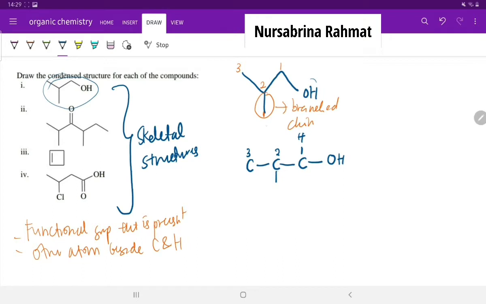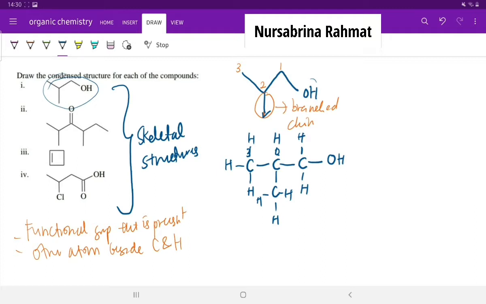At the second carbon we have a branch, another C. Let's fill up the gaps with the hydrogen that is present, so each carbon should have 4 bonds. So this is the expanded structure for your first compound.